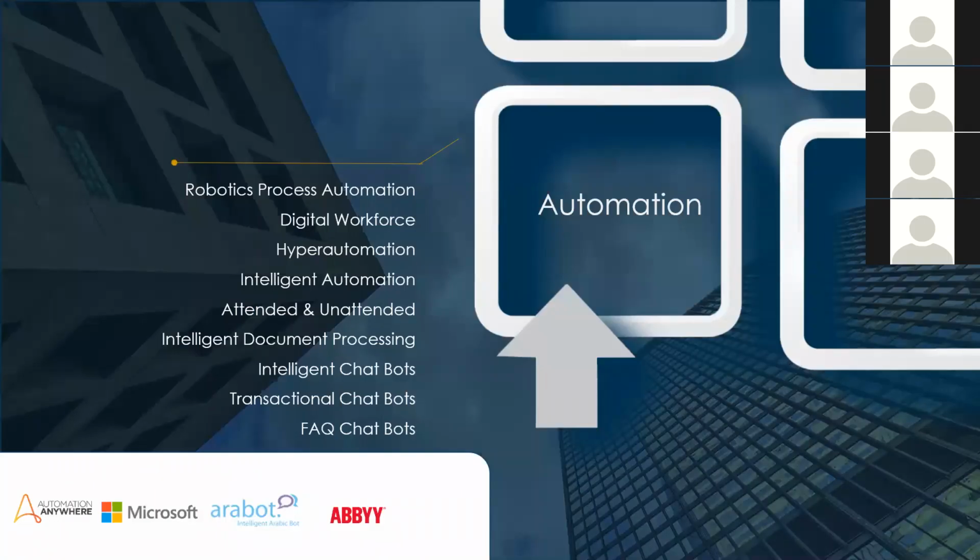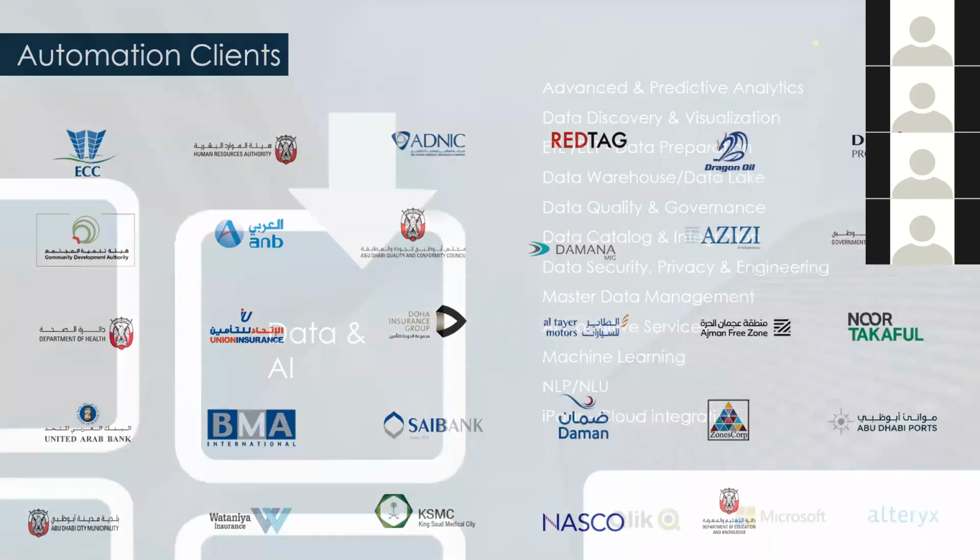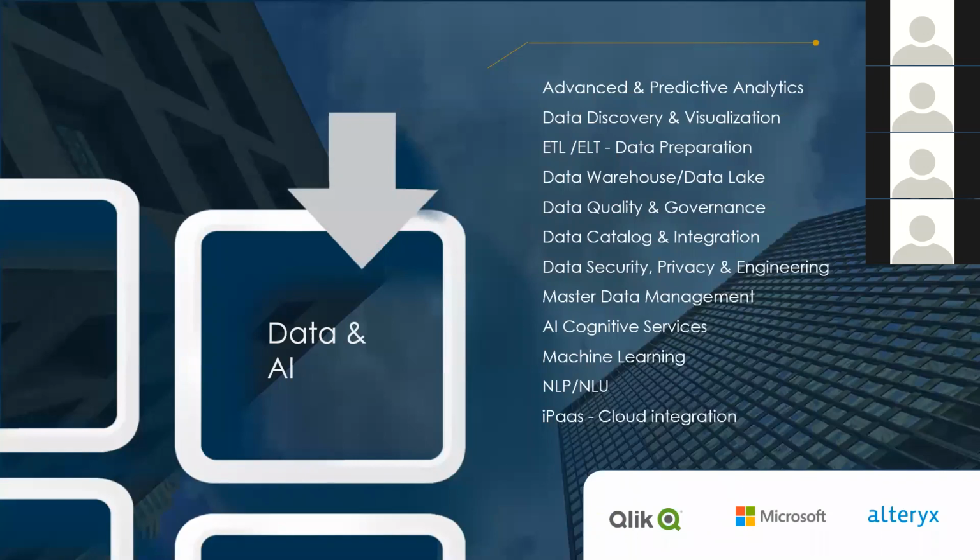Of course, we combine that with cognitive tools and intelligent capture tools that help you extract data from almost any kind of source. In addition, we are also introducing state-of-the-art chatbots that will help you automate and digitize your customer journey and customer relationship.